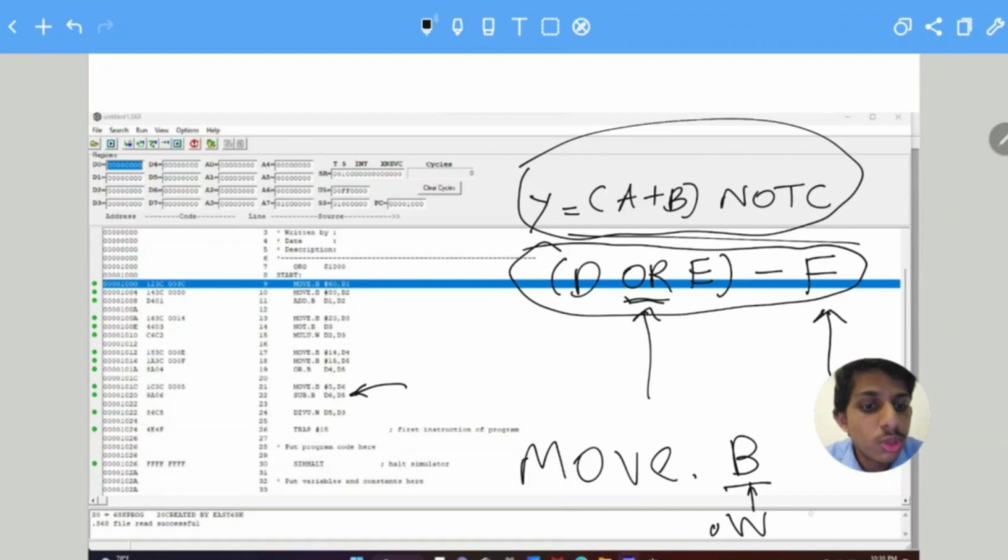The last one is L, which means long word. The byte is equal to a group of 8 bits.